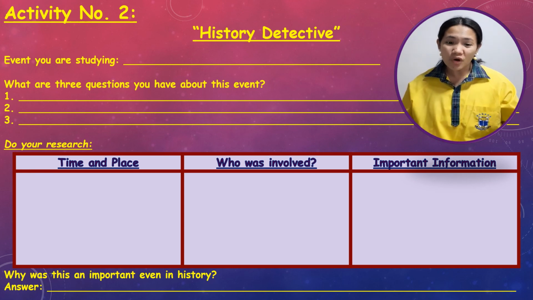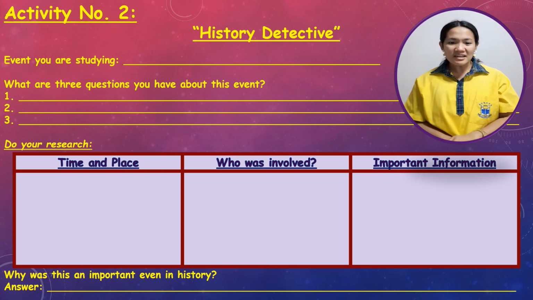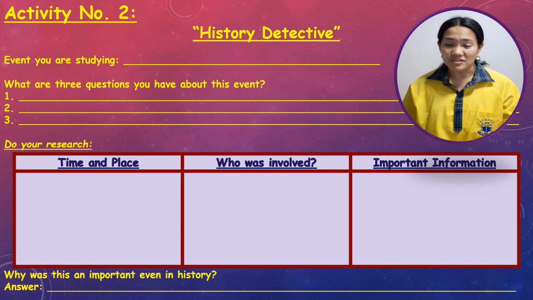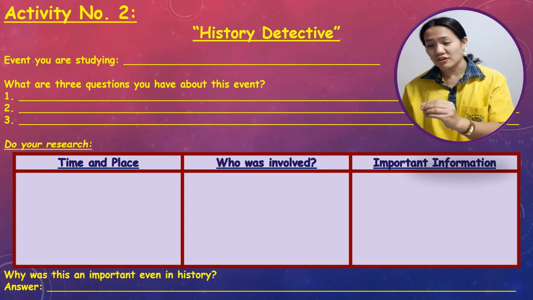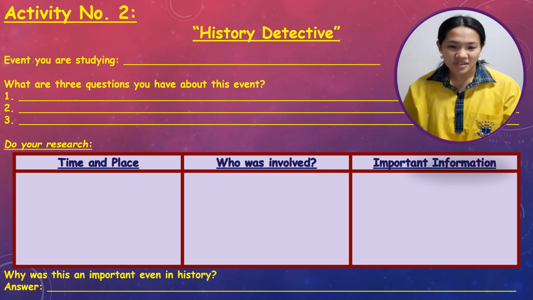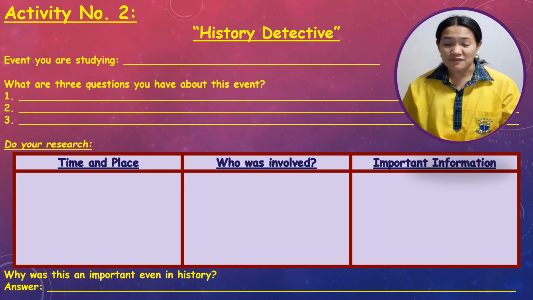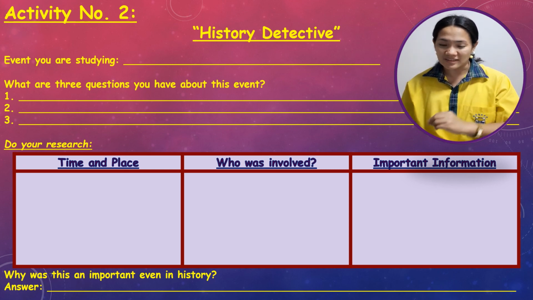Now, what you are going to do is you are going to have a research, okay? Event you are studying. So you're going to write what event you're going to study or what event you're going to research. And then, what are the 3 questions you have about this event? You have to write it down.